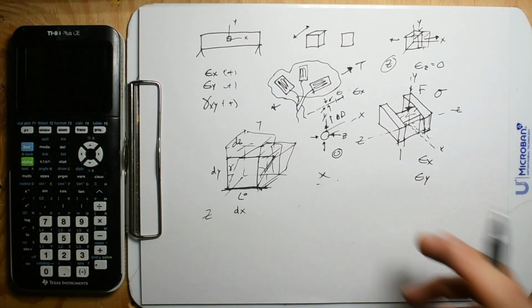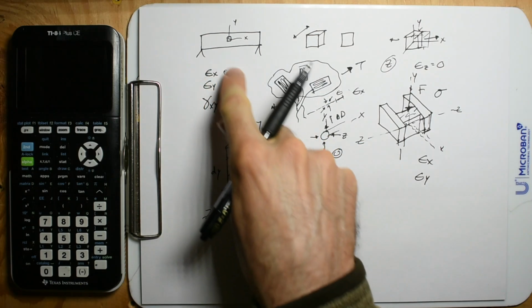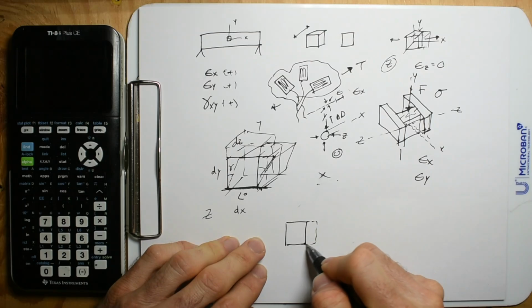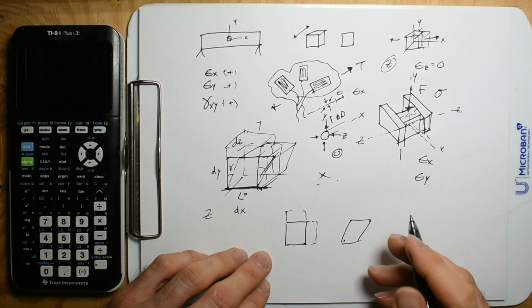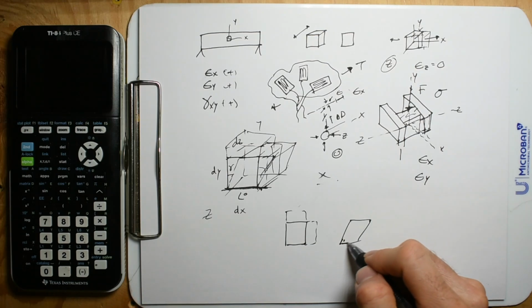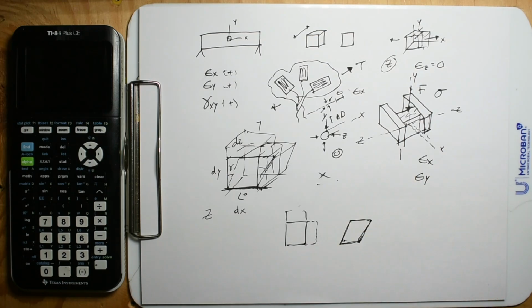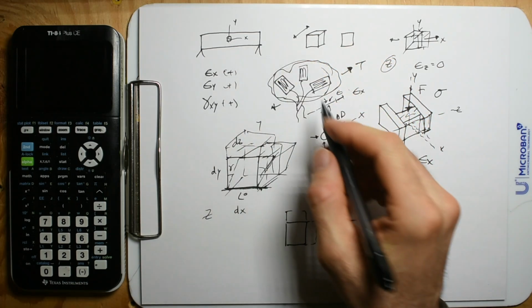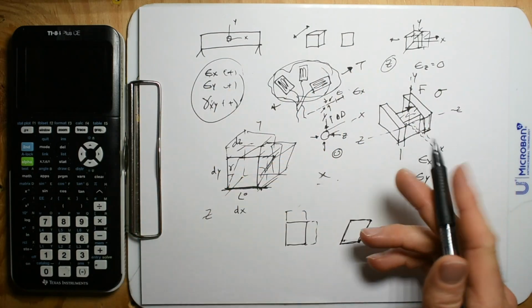So these problems come into a category where we're going to be given what's going to happen. So this element, we know it's going to change in this direction, and it's going to shear in that direction. What we want to know is, hey, we did this, and we got the strains in the x, y, and then rotated.